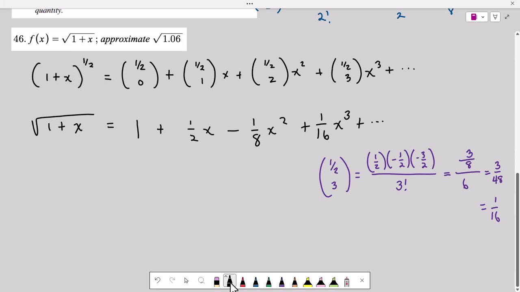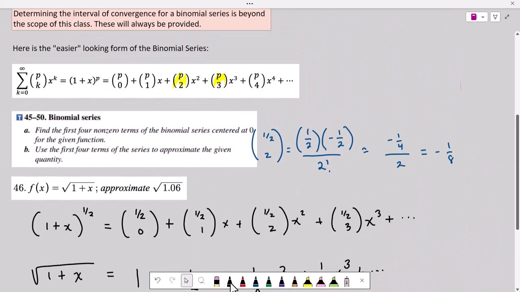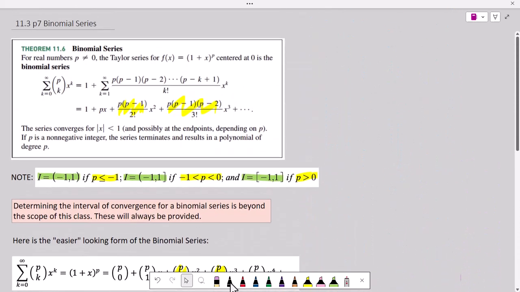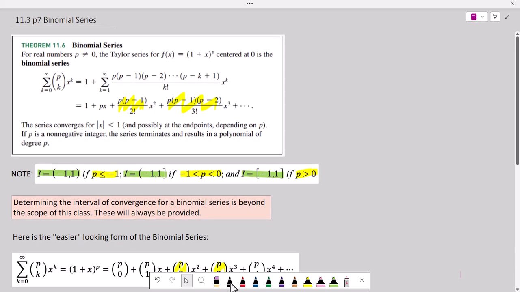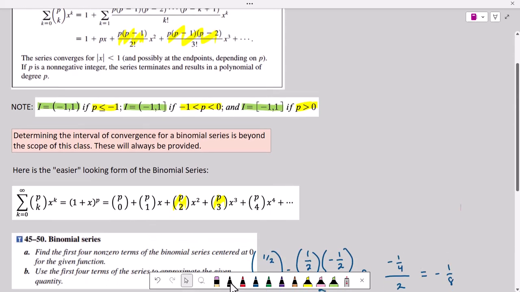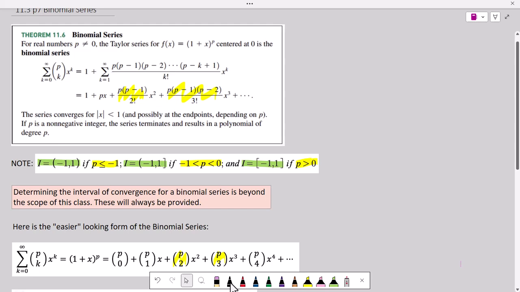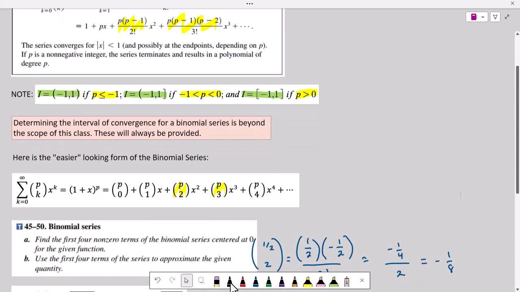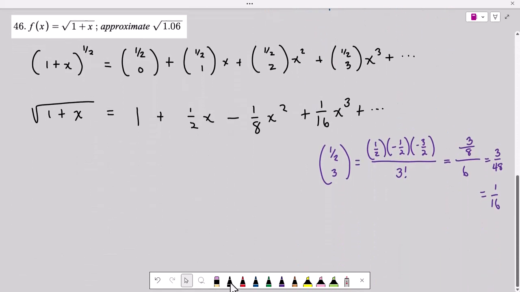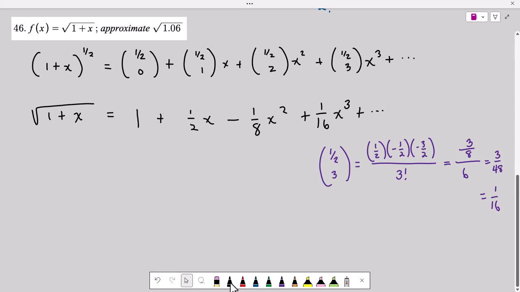Sigma notation time? No, you can't do sigma notation with this. There's no pattern other than binomial coefficients, so if you wanted to write sigma notation, you'd have to just use this, which you can't make any prettier than these binomial coefficients right there. So you're not gonna come up with anything better than that. So we just don't do it.